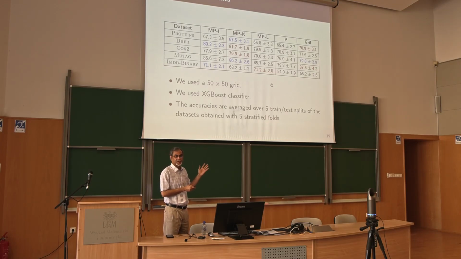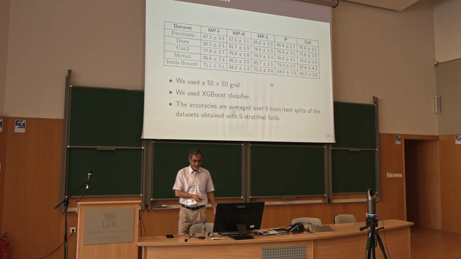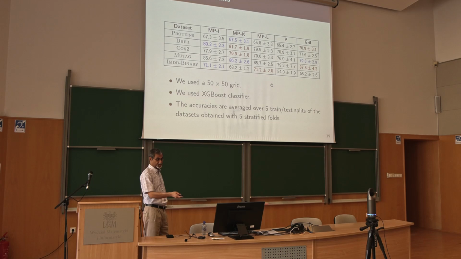As I said, green will do very well if the graphs have more cycles, because we are using H1 and H0. If the graphs do not have that many cycles, if they are mostly tree-like, then H1 is almost 0, and it has less discriminating power than for graphs with more cycles. This is one of the reasons it sometimes does not do well, but most of the time it is comparable, and many times it actually gives better results.